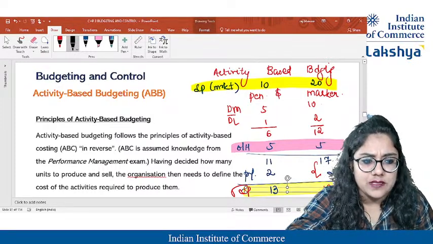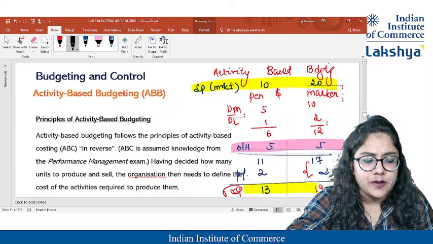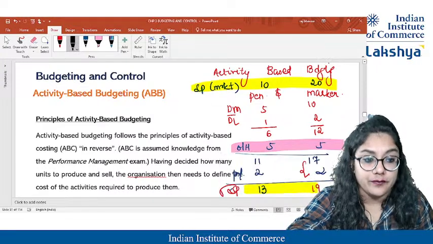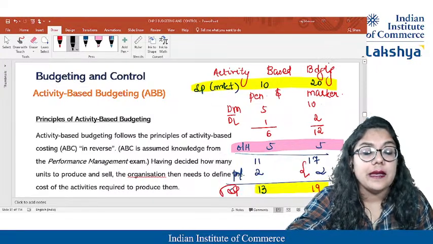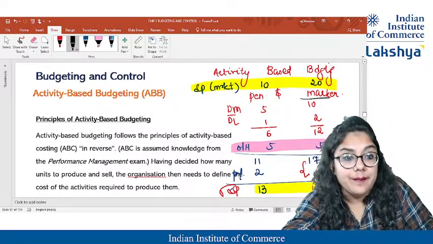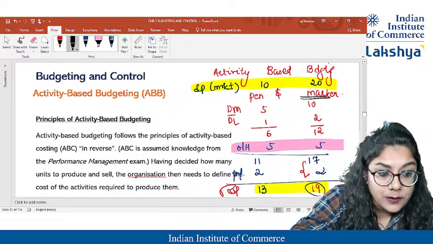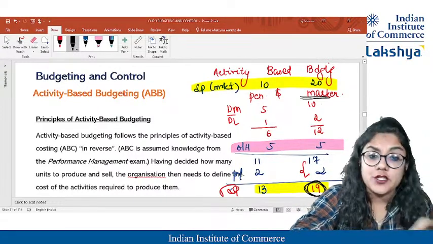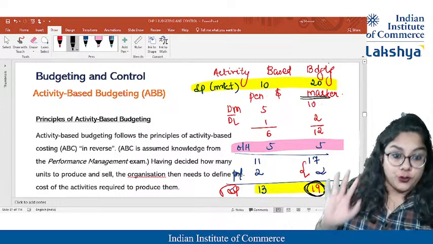Now there is a concept which is altogether new, and we have a lot of things to learn. Before I go ahead, students, just think. If I am selling marker at 19, a lot of people will purchase, and my sales will increase for sure.